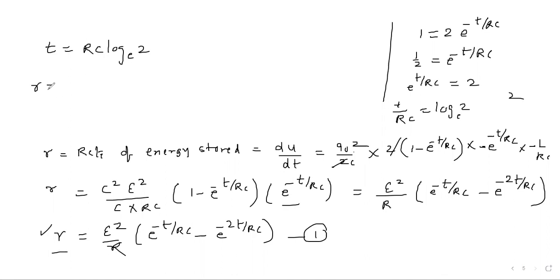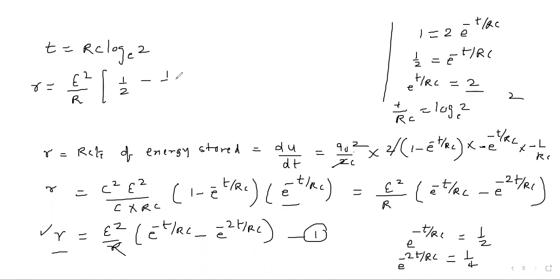So R equal to e square upon capital R, e to the power t upon RC is 2. So here we have e to the power minus t upon RC equal to 1 by 2, and e to the power minus 2t upon RC will be 1 by 4, because it is double of that. So we put this value here, 1 by 4.